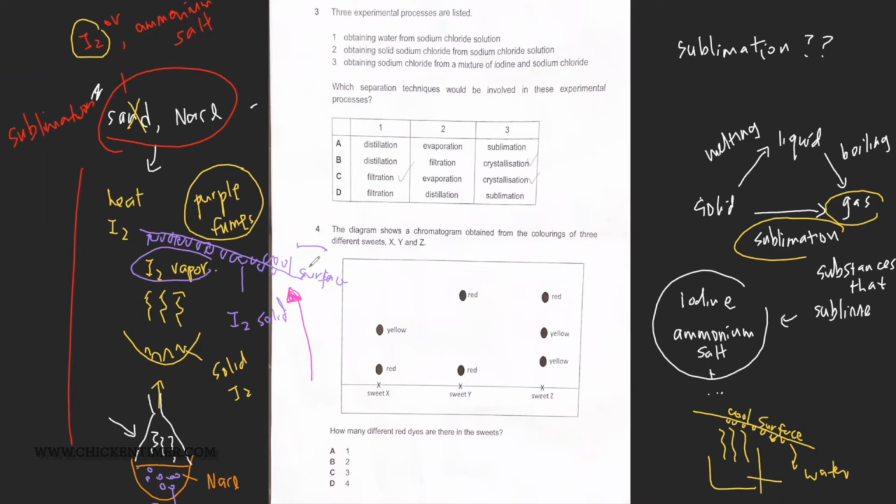When I was studying, my filter funnel was made of glass, so the surface is cooler than the iodine vapor. When I invert it, this is a cool surface. The iodine vapor will touch the cool surface and have this cooling, condensation, solidification effect. It's just a filter funnel turned upside down. Your whole purpose is to provide a cool surface.